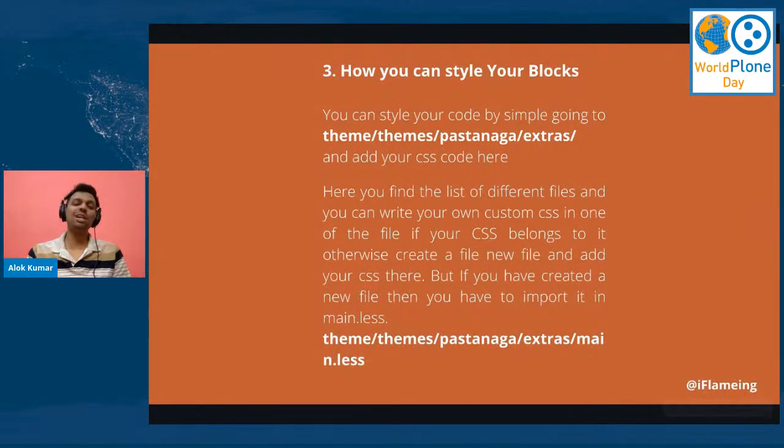But there is one caveat. We are using Semantic UI React for the fundamental building blocks of the components, and if you write your custom CSS, it might run into a specificity war. Maybe Semantic UI React wins the specificity war and your CSS does not get applied.